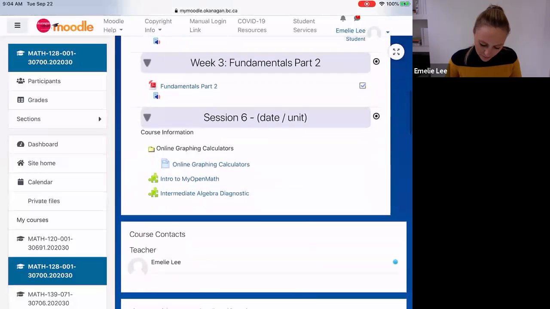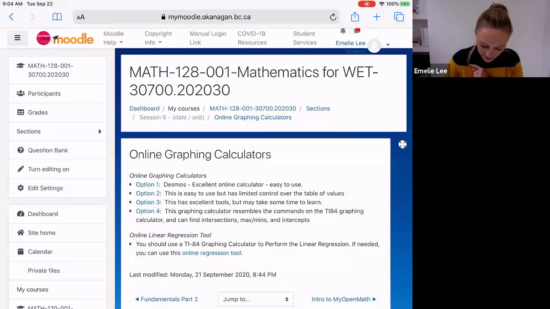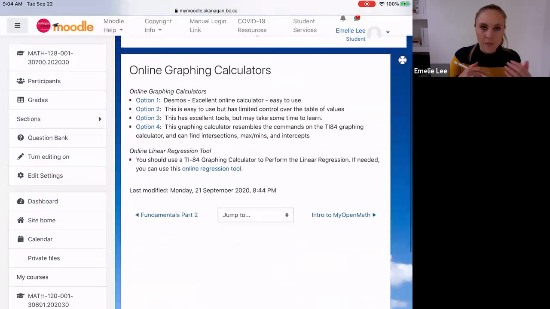And then we've got this new section; I'll revamp the names a little bit, but there's a resource here called Online Graphing Calculators. There are a lot of options that we can use. I'll show you how to use Desmos when the time comes. We will be using Desmos a little bit for graphing and just to see how things behave. But there are a lot of different options.